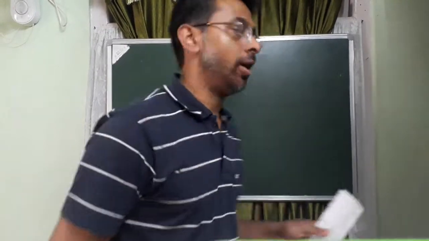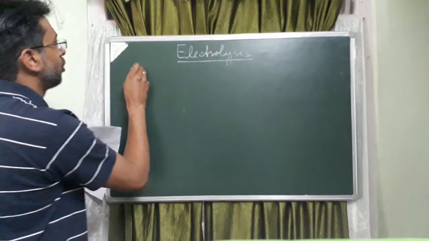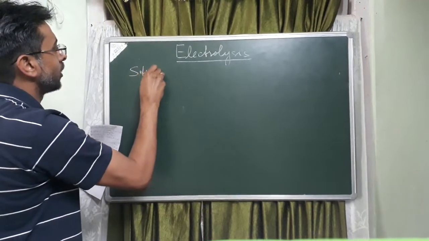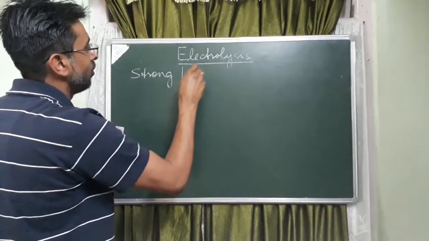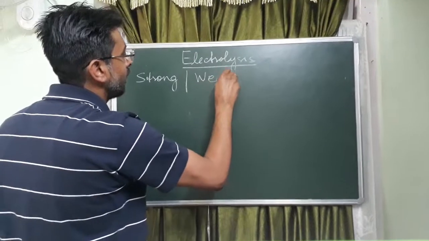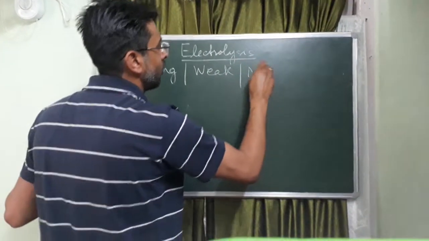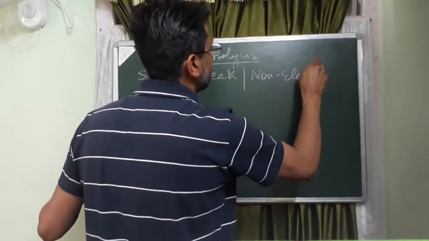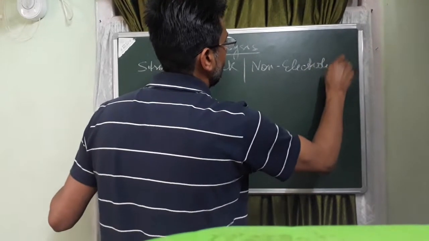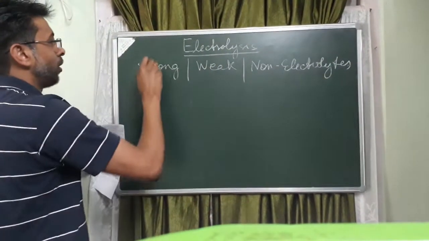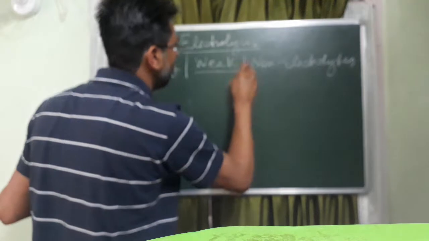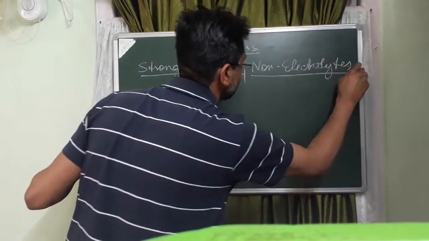Okay. Now, let us learn quickly about strong, weak, and non-electrolytes. Number 1, strong. Number 2, weak. And number 3 is non-electrolytes.